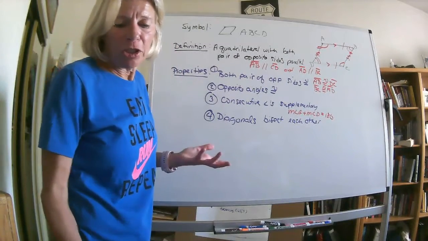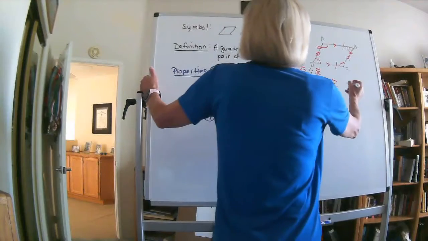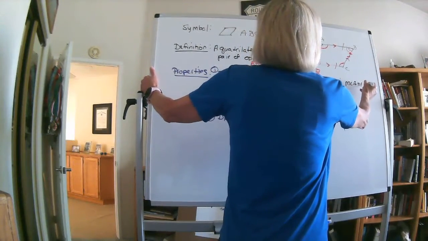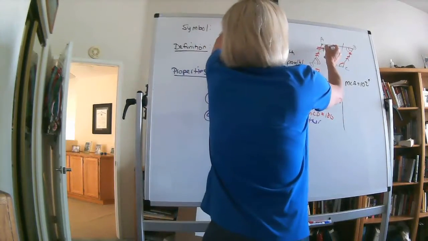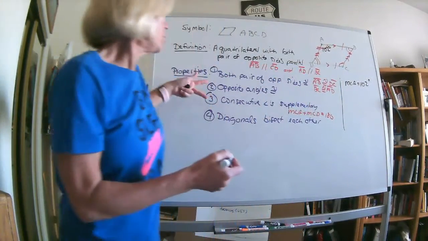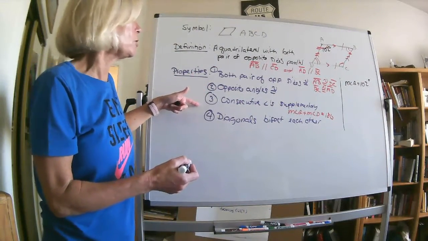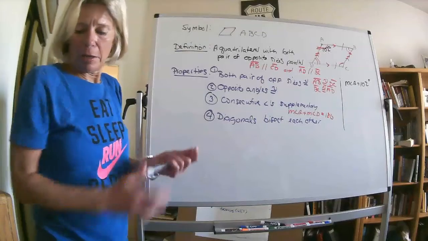So if I want to just look at some basic examples, if I say that the measure of angle A is 102 degrees, I can use the fact that opposite angles are congruent and consecutive angles are supplementary to find the measure of all the other angles.